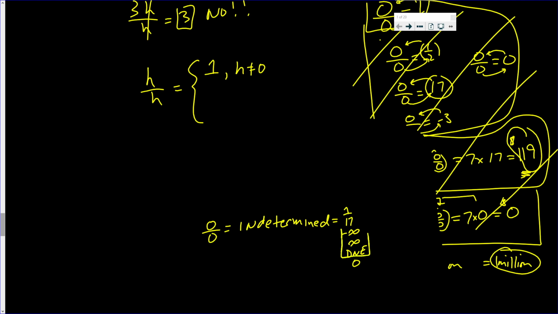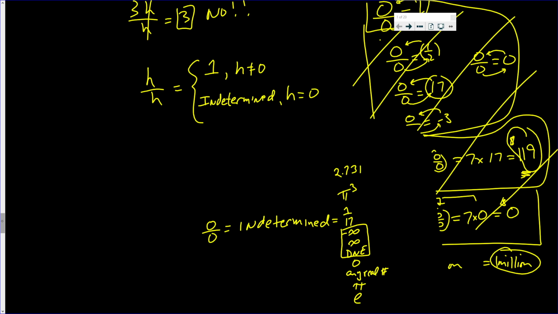It can be any one of those plus any real number, like pi, e, pi cubed, 2.731. I can get it to be anything. So it is not 1. It is indeterminate if h is 0.